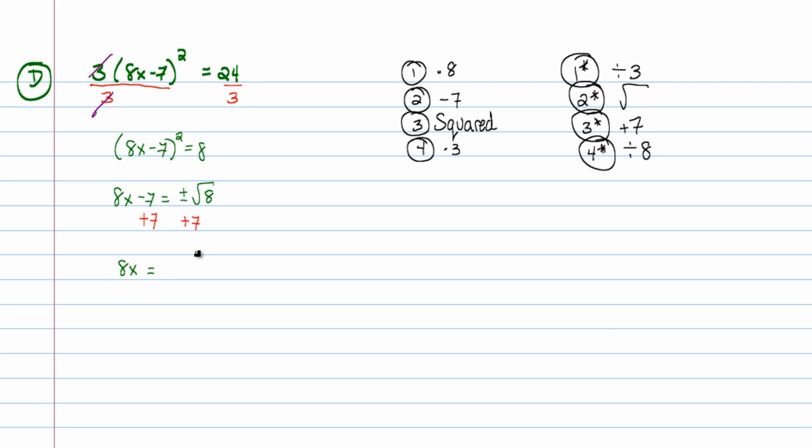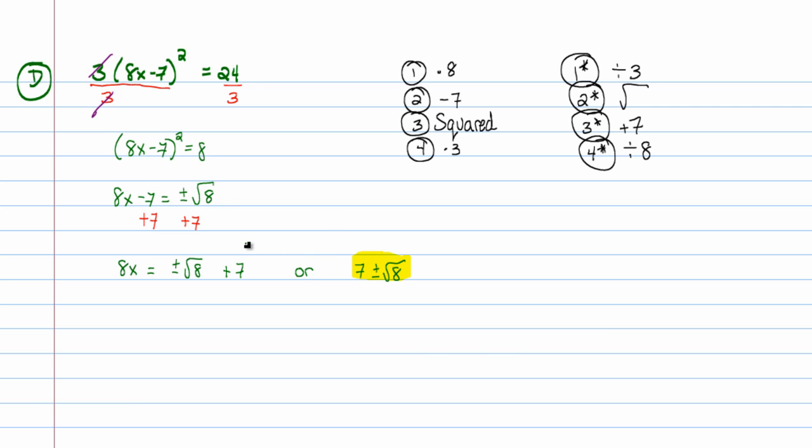The right-hand side, I could write it as plus or minus the square root of 8 and then plus 7. Or I could have written it as a positive 7 plus or minus root 8. And most of us don't even write the positive in front of the 7. We just write it as 7 plus or minus root 8. And really, that last form is a better form to use. It's not that it's more correct. It really isn't. They're the same number in the end.